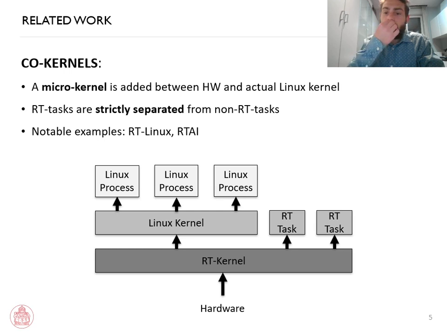In practice, the approach was to rely on a distinction between the real-time tasks and the leftover. Here in the slide we can see the real-time microkernel placed between the hardware and the Linux kernel.